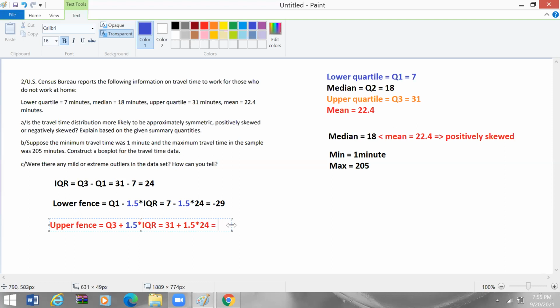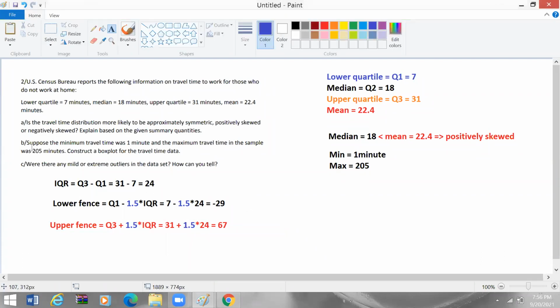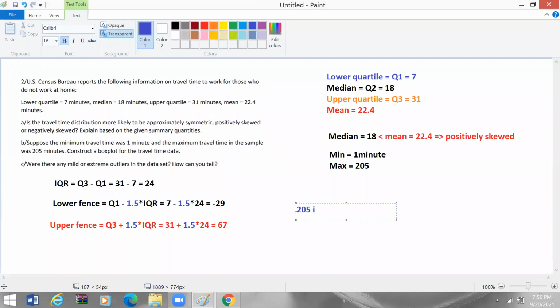Okay. So in this case, this is equal to, can anyone help, please? 67, I believe. So the fence, yeah, I think I got it. So 36 plus 31 is 67. So if a person spent 205 minutes, that person has to be an outlier, right? 205 is an outlier. That's it.